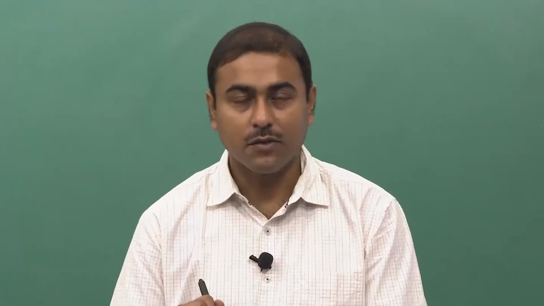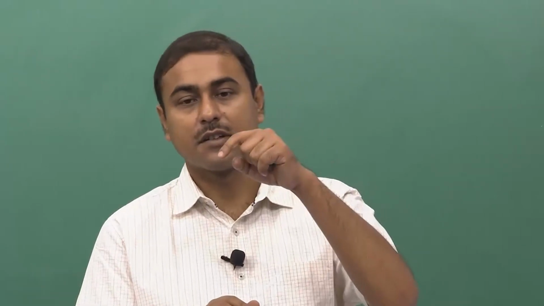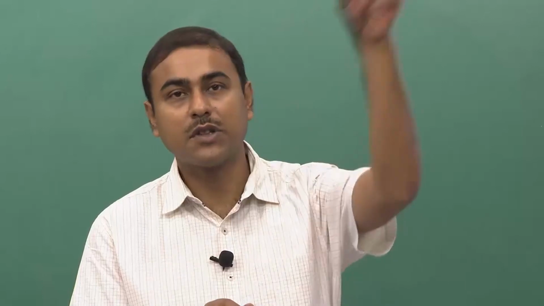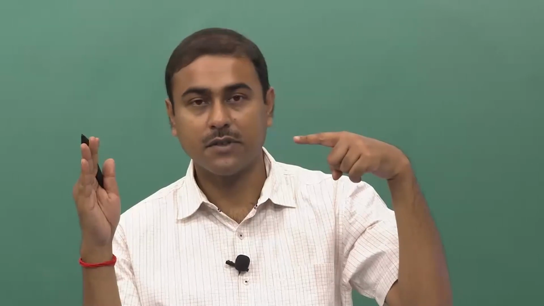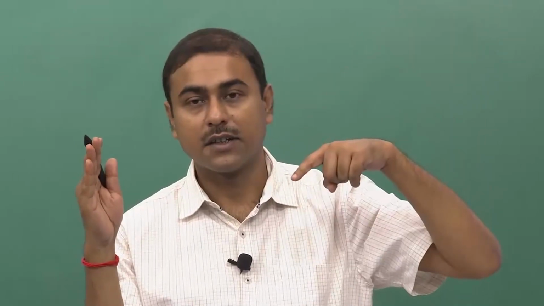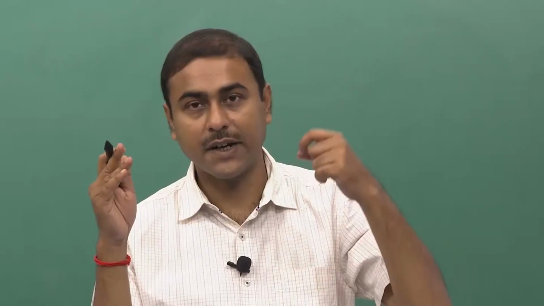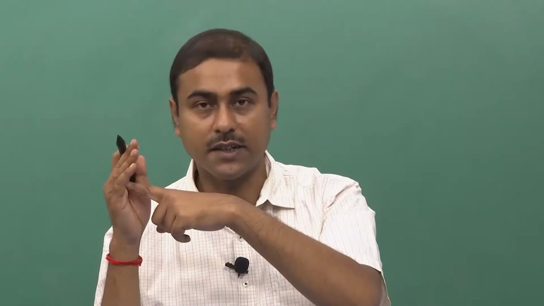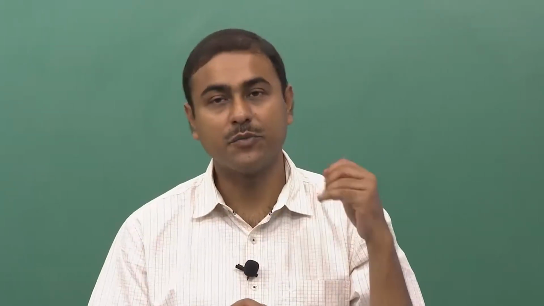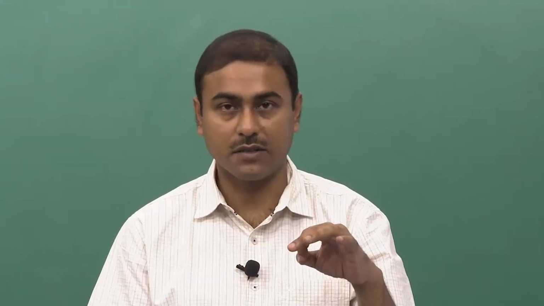To ensure that, I reduce the detection rate to 2% or less, so that the first photon which is emitted, like here, goes in some other direction and does not go to the detector if my detector is present here. The first emitted photon may go this way, the 10th emitted photon may come this way. If the photon emitted at a much later time has a possibility of coming towards the detector, then the detection rate should be very low. That is the important part in the TCSPC system.